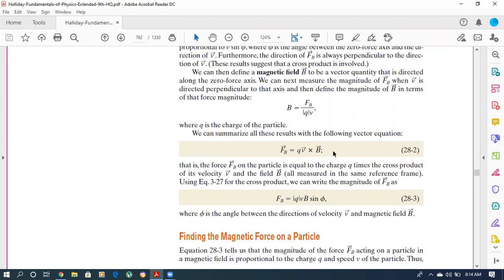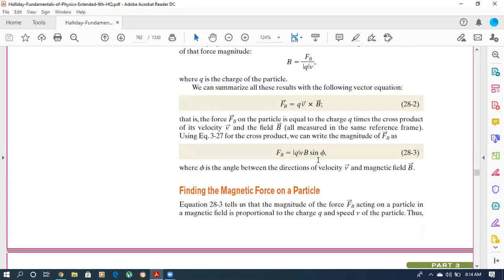Another result is that for the maximum force, maximum deflection, the velocity and field must be perpendicular to each other, because the cross product becomes maximum when both vectors are perpendicular to each other.